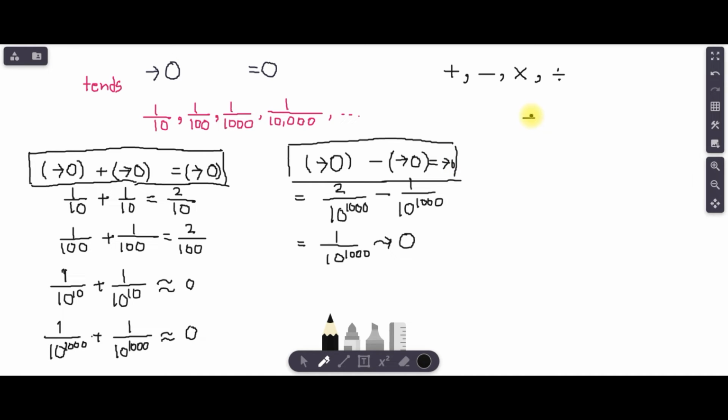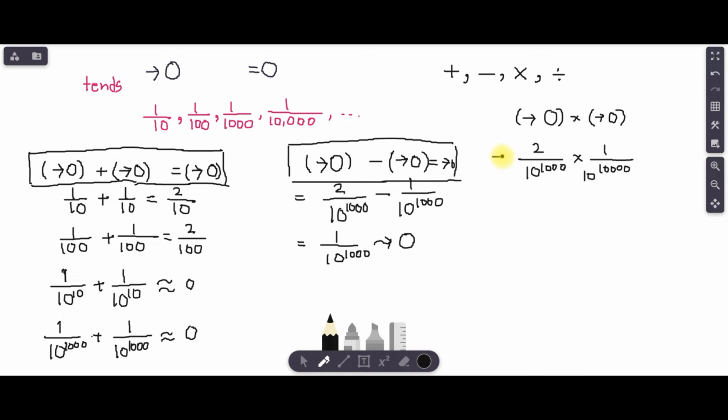Now what about multiplication? There is a number into tending to 0. We can take two different numbers which are closer to 0. Say if I take 2 divided by 10 to the power 1000 into say 1 divided by 10 to the power 10,000.